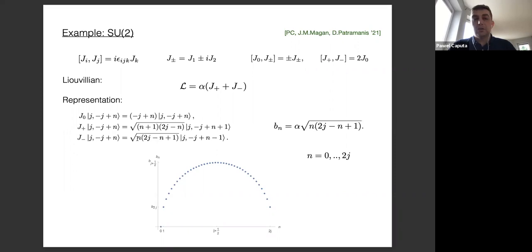They grow like square root of n, but then they are maximized at some particular value, J plus 1/2, and then they come back to almost the initial value at 2J. The lesson from this is that for integrable models, you don't have an infinite number of states or infinite Hilbert space or phase space to explore by this operator, but rather a finite one. And the growth of these Lanczos coefficients is submaximal.